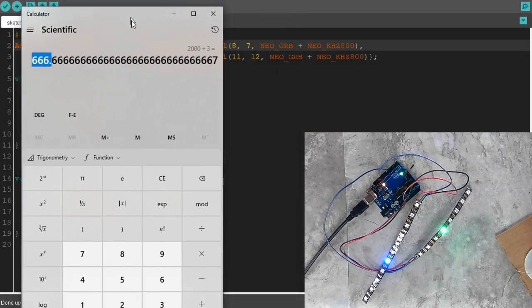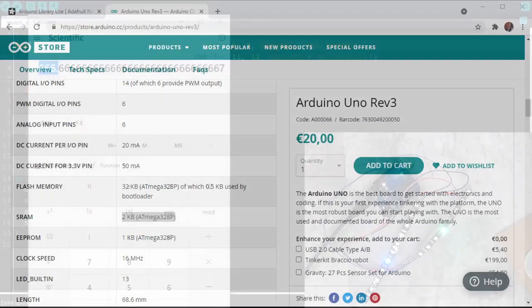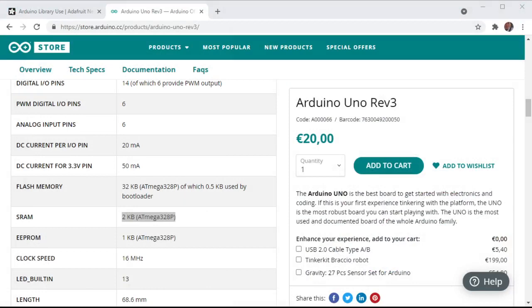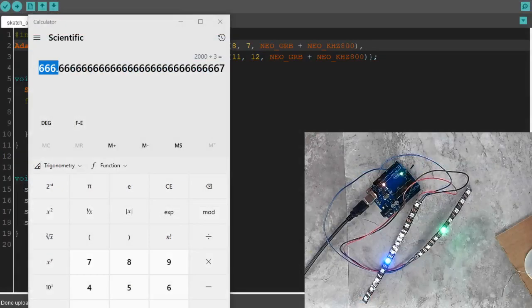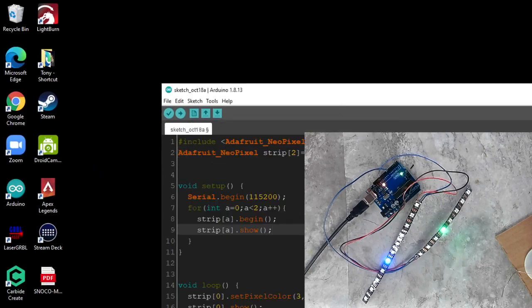Okay, so let's say I actually need to control 667. Like I just need one more pixel. What do I do? There's a ton of things to do. First of all, we can look at our code here and do the strip dot set pin, right?